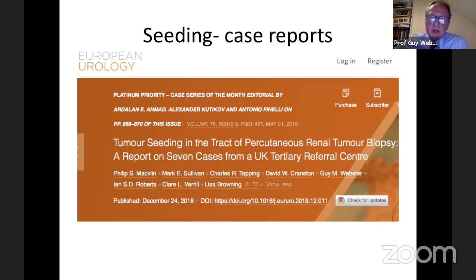This paper is from Oxford, that I was involved in, where we analysed all our renal biopsies and identified these 7 cases. At the time of partial nephrectomy histological examination, we saw there was seeding along the biopsy track. 6 of the 7 were papillary tumours, and there was 1 that was a clear cell.